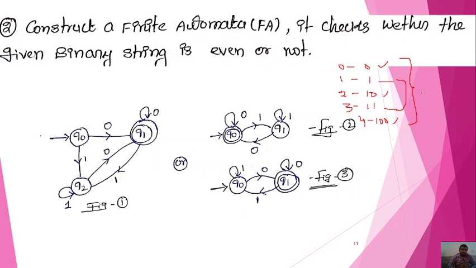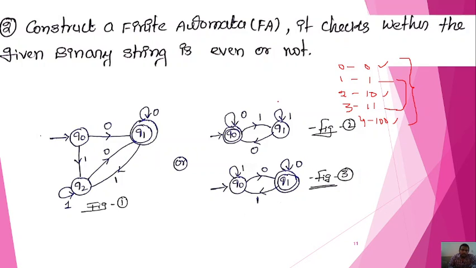If this finite automata accepts the given string, the string is an even number. When the string ends with 0, it goes to the final state. When the string ends with 1, it goes to the non-final state. So that is the simple logic.